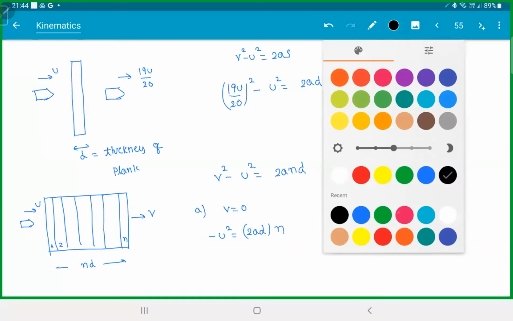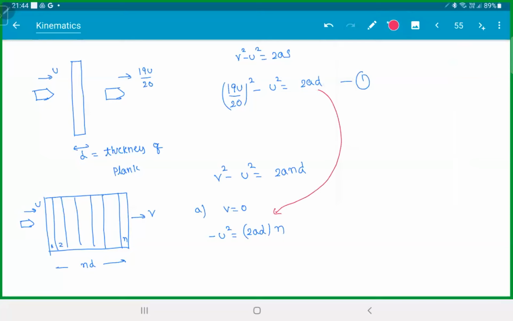So take the value of 2ad from here and put it in this. You end up with minus u square is equal to (19 square by 20 square minus 1) into u square into n. u square will cancel. n turns out to be approximately 10.24. That is, n should be 11. Means you need 10 plus 1/4 of a plank to stop it, so we need 11 planks to stop the bullet.